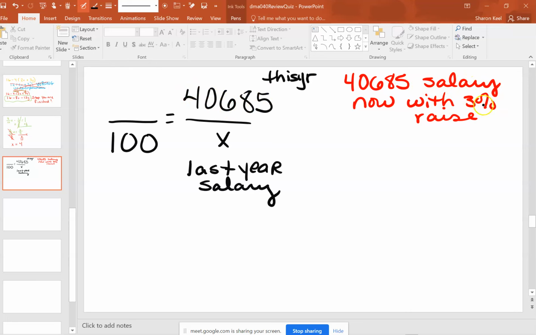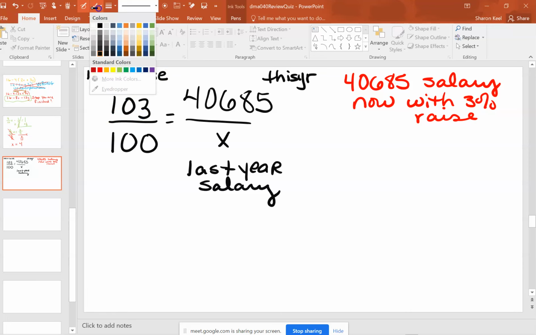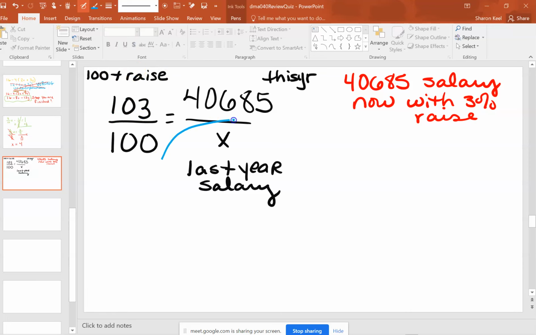This year, it's including a 3% raise. So the numerator is going to be 100 plus the raise. So in this case, that's going to be 103. At this point, we just simply cross multiply and then divide by 103.